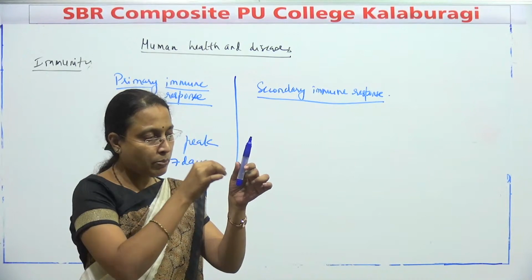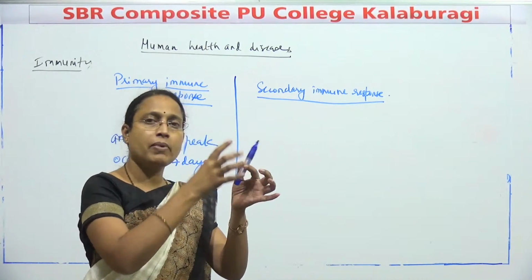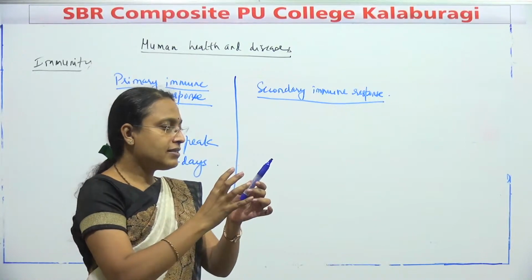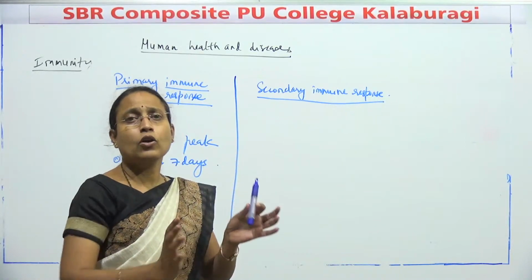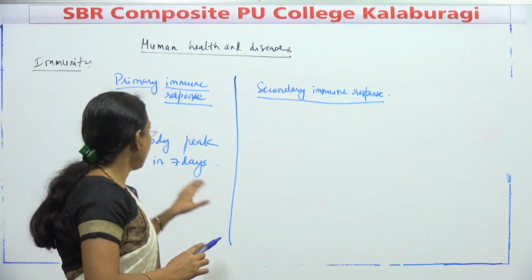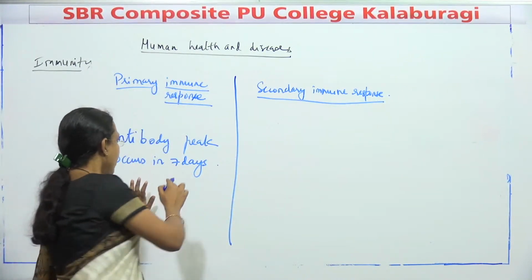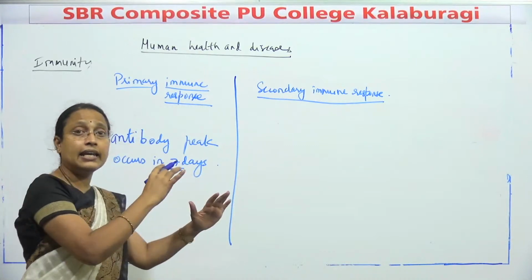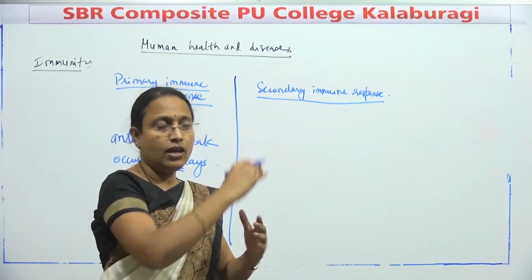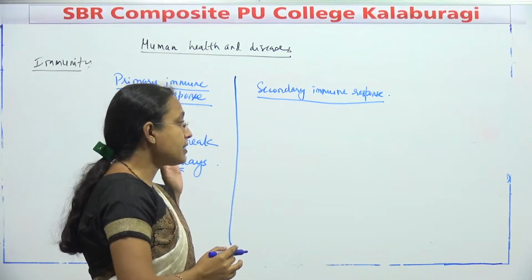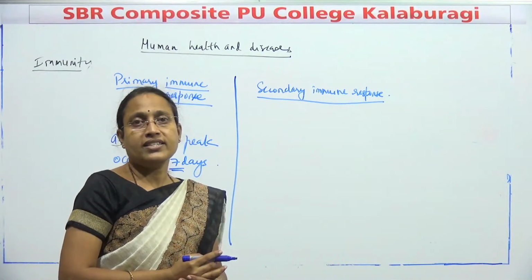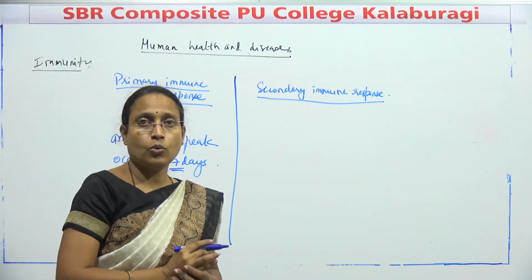It will bind to the antigen and respond to this pathogen. So it will not happen in 1 second or 2 seconds. It is going to take sufficient time, at least 7 days, to finally increase the antibody concentration to a very high level. Comparatively, it is slow.